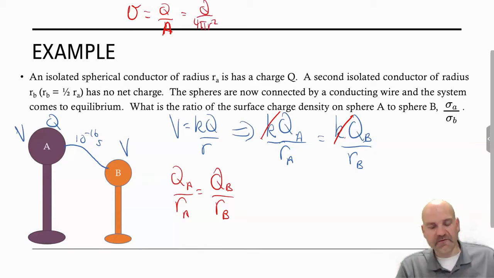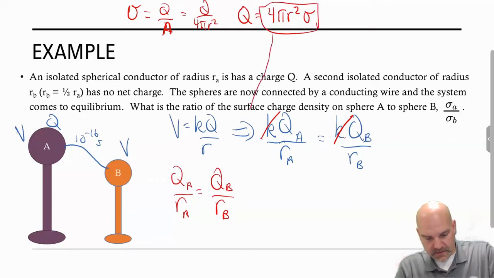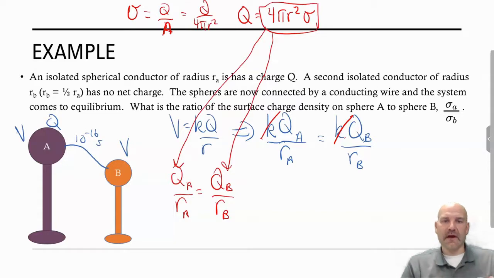The surface area of a sphere is 4 pi r squared, which means the Q that is on each one of these spheres is simply going to be 4 pi r squared sigma. Okay, and so what I'm going to do is take that, plug it in here for QA and QB, and then continue to do my algebra.